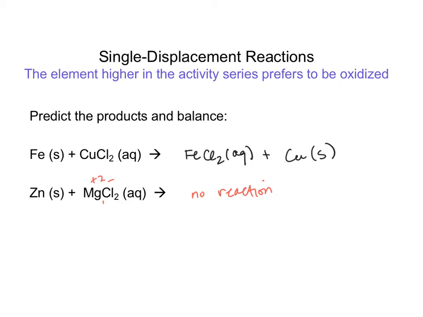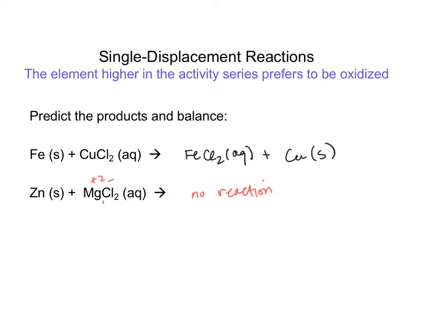In other words, will it become magnesium solid plus zinc 2+? And the answer is no, because magnesium's higher than the zinc.